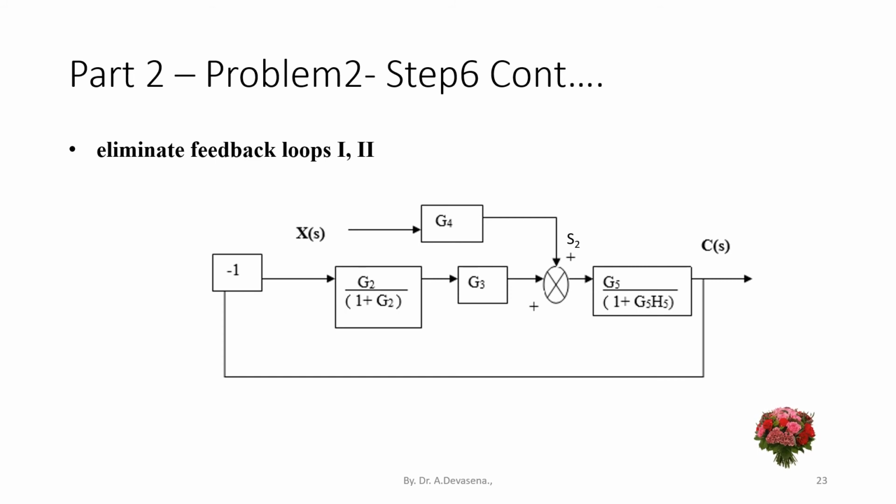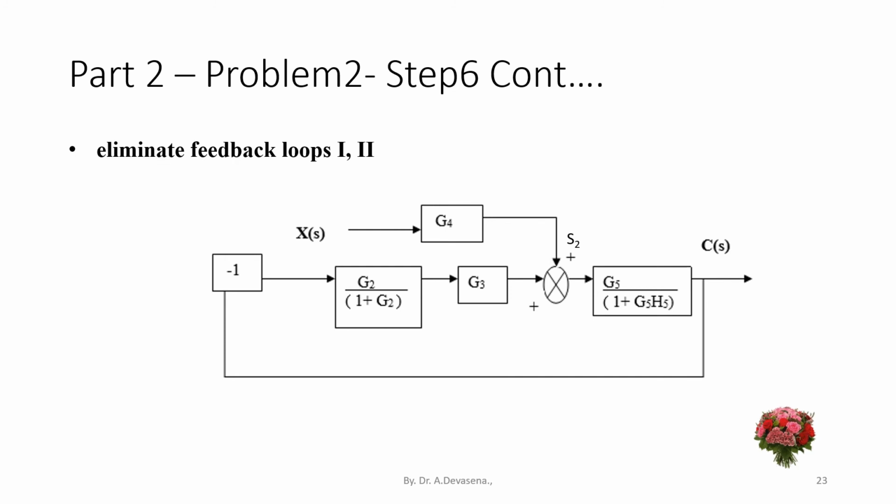Feedback loop 2 is connected to the summing point S2. For the summing point S2, one signal is coming from the G4 block, which is having a positive sign. Then another signal is coming from the G3 block, which is having a positive sign, and a third signal is coming from the output.